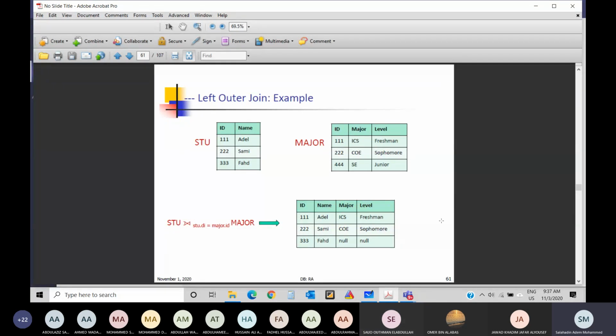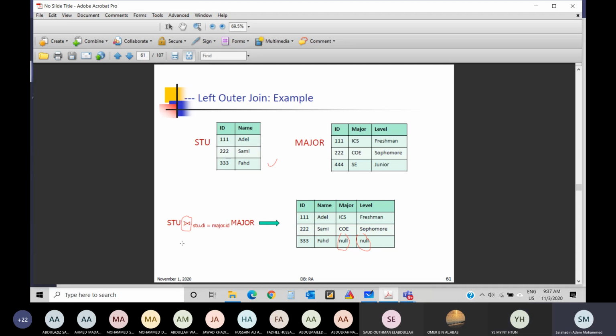And here we will have null and null for this guy. So I will have null and null for him. Sir, 444 SE Junior does not show up? It doesn't show up, because we are only looking for the one on the left table. This is the left outer join. Does that make sense to you?